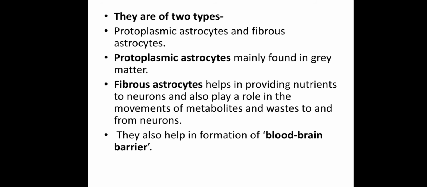Astrocytes are of two types, protoplasmic astrocytes and fibrous astrocytes. Protoplasmic astrocytes are mainly found in gray matter. Fibrous astrocytes help in providing nutrients to neurons and also play a role in the movement of metabolites and waste to and from neurons.